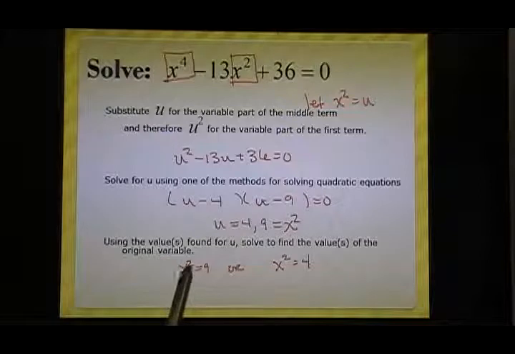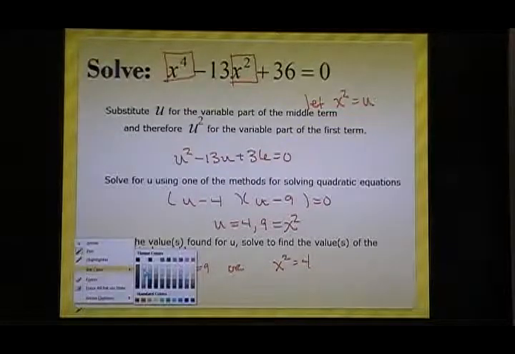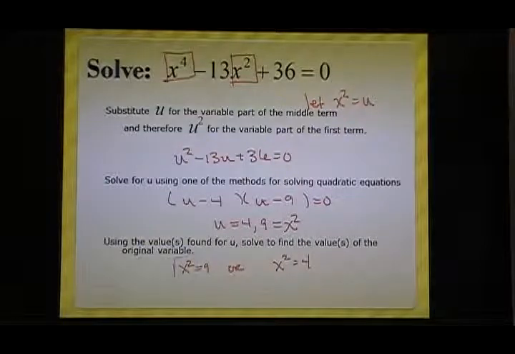And now we have these quadratic equations that we want to solve. So to solve for x, we need to get rid of that square. And we can do so by taking the square root of both sides. So we have x equals plus or minus the square root of 9, which is 3.